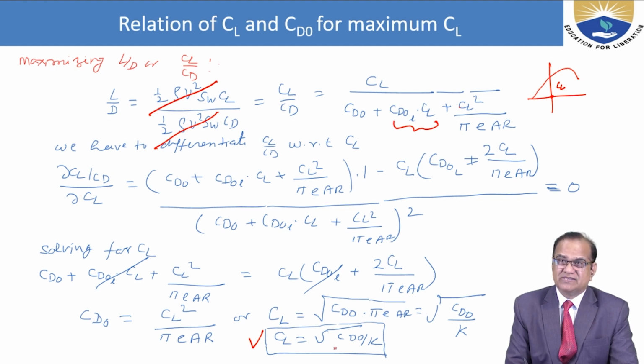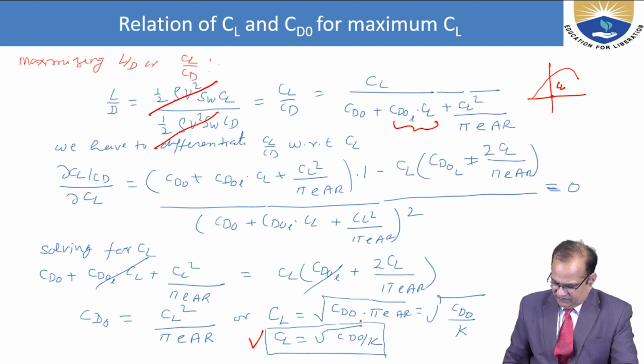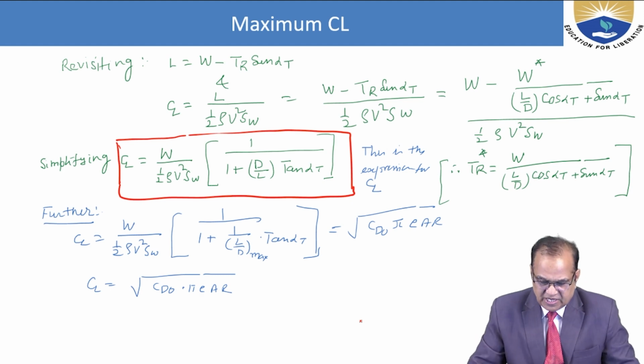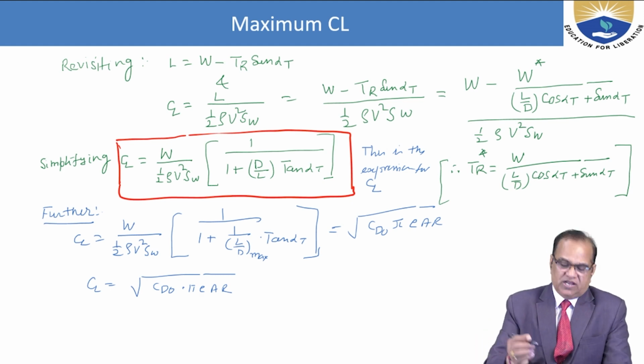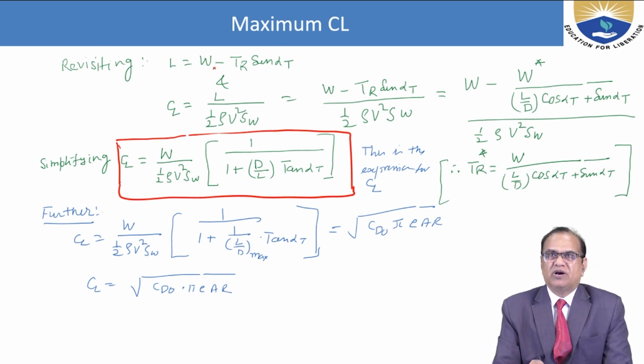So for CL at maximum L by D, we have to put CD naught by K. Now for a maximum CL, revisiting that L is equal to W minus TR sin alpha T, and CL is equal to L by half rho V square S_W.